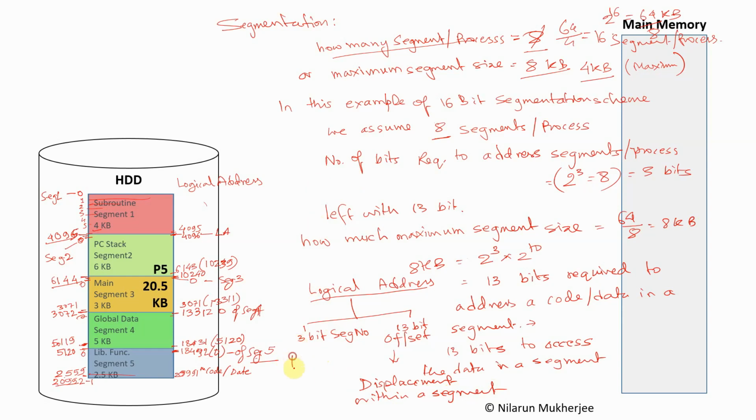So the logical address becomes segment number and displacement or offset, which is 13-bit in our example, and this is 3-bit.